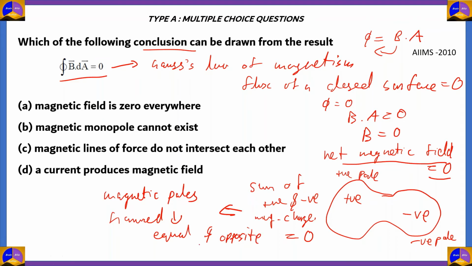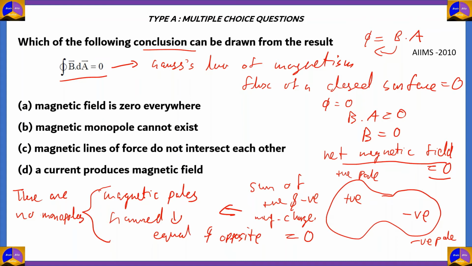Now, what does this prove? This proves the fact that there are no monopoles. If magnetic monopoles did exist, then the Gauss's law of magnetism would be proved wrong, because if there's only one pole in a closed surface, then that pole generates some magnetic field, which is not 0, and therefore the Gauss's law of magnetism would be wrong.